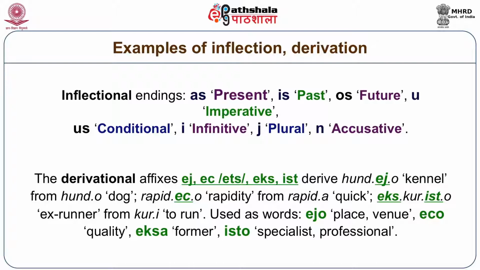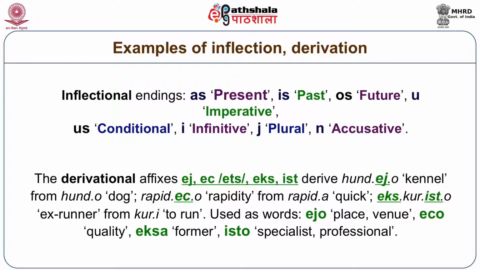These indicate inflectional marking. Derivational affixes are like ej in the word hundejo, which means kennel, derived from hundo, which means dog. The final O of hundo and hundejo indicates that it's a noun. In rapida, the final A indicates that it's an adjective. Rapida is the word for rapid, and rapideco, which is rapidity, uses the derivational affix ec, written with EC.